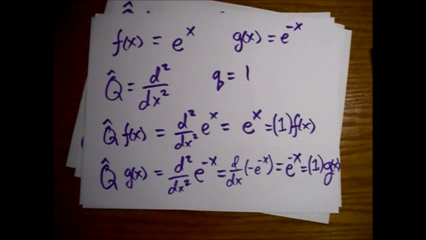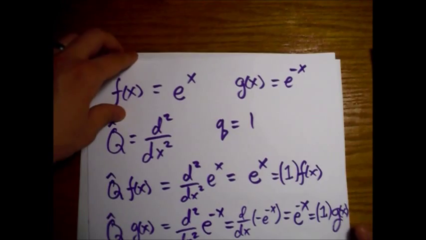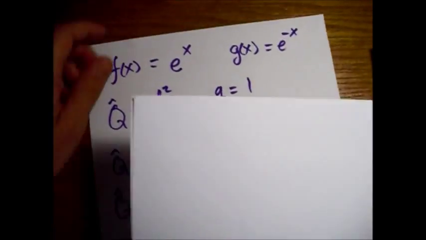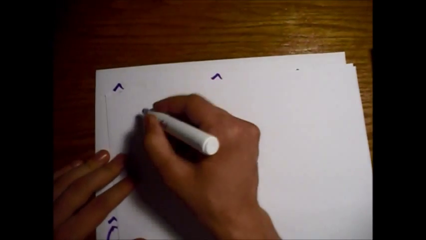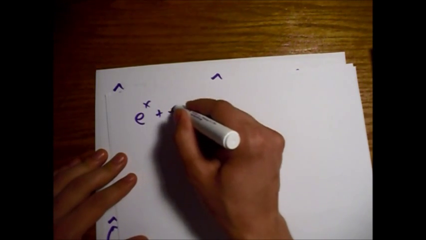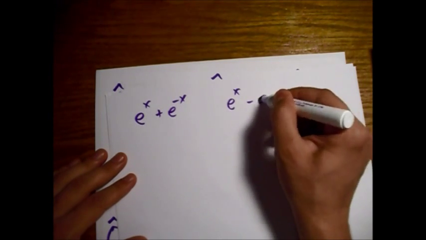All right. So now we're going to construct two linear combinations of f and g that are orthogonal eigenfunctions on the interval -1 to 1. The quick answer is just one of them is e to the x plus e to the minus x, and the other one is e to the x minus e to the minus x.